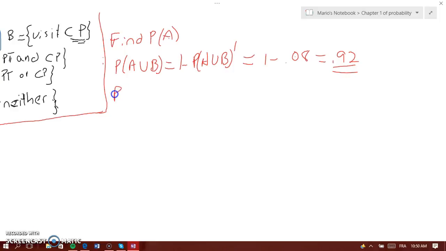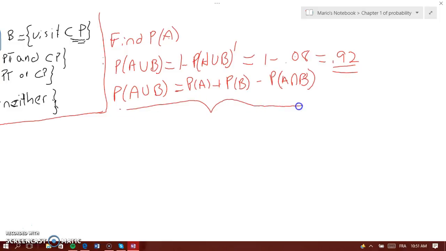Remember again, P(A union B) also equals PA plus PB minus P(A intersection B). Because remember, whenever you have any intersection, if the problem is not mutually exclusive, then this is the formula that you need to use.